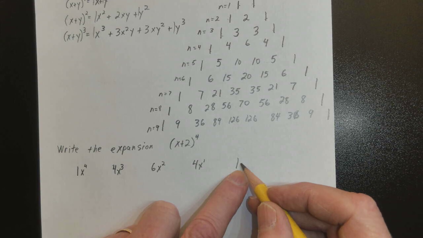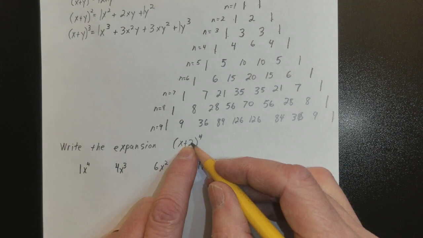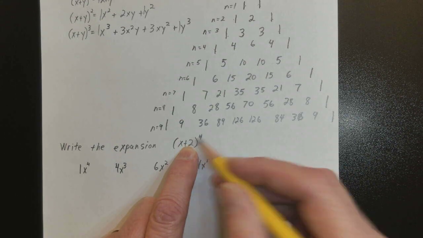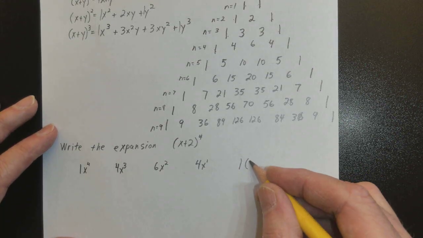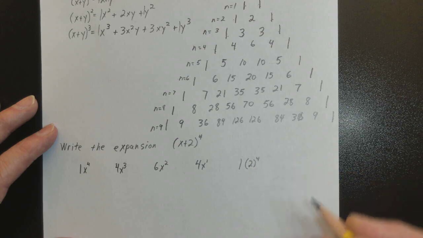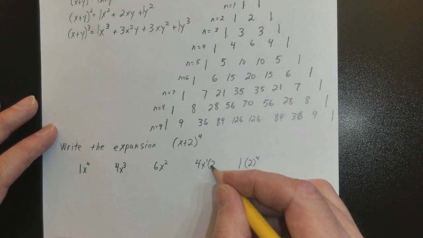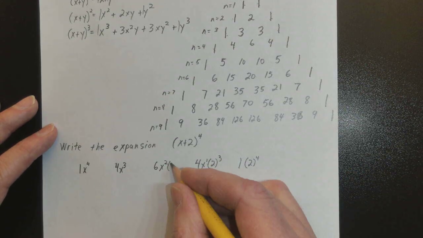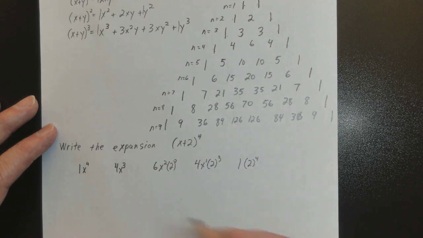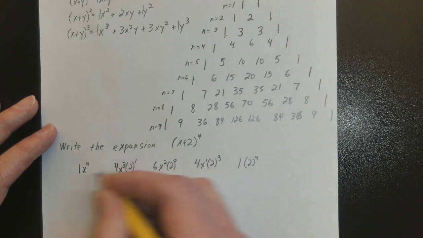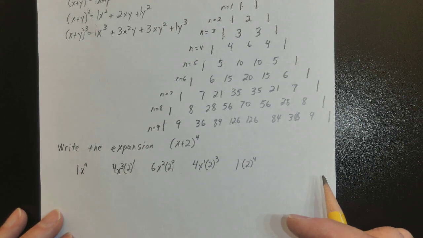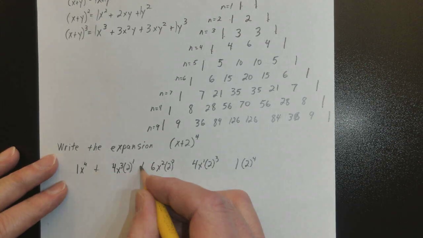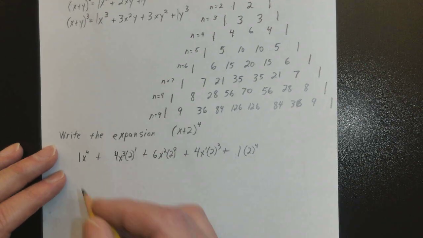Well, with the y's, no, not the y's, the 2, I'm going to start over here and go 2 to the 4th, 2 to the 3rd, 2 to the 2nd, 2 to the 1st, and 2 to the 0, which is 1. So everybody see how I place those? And now, I'll just put my pluses in here, and I'll simplify.